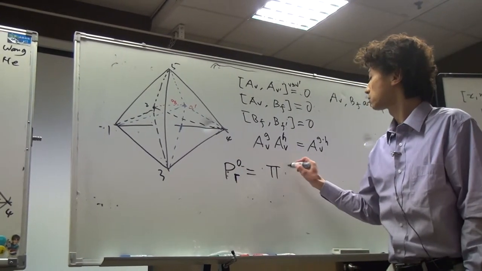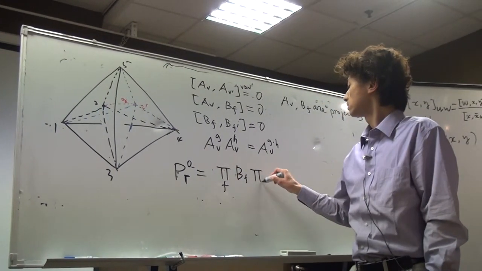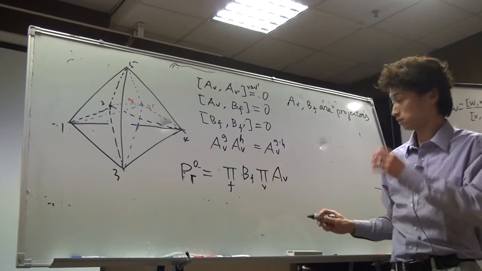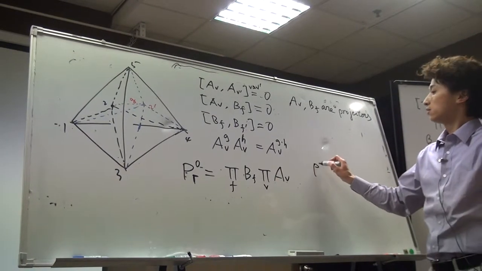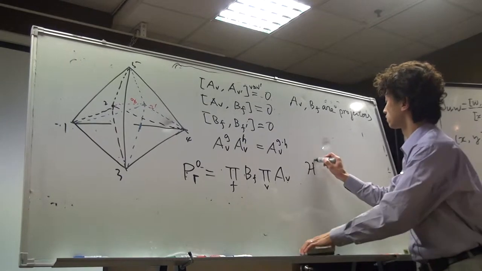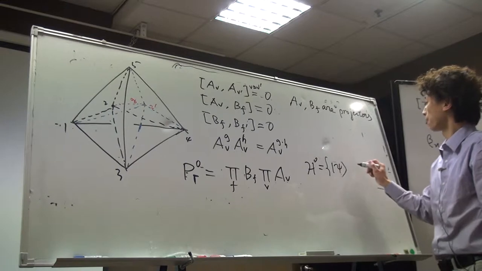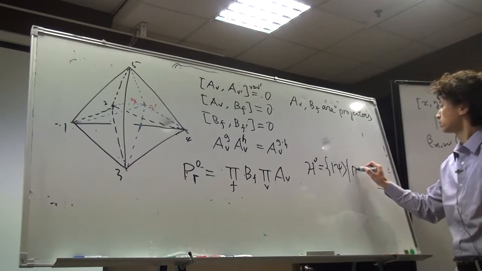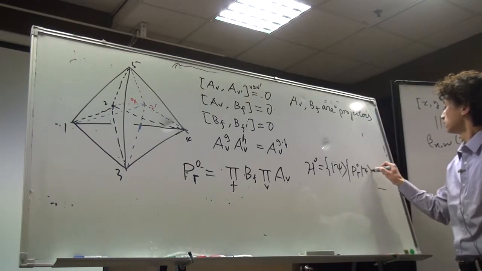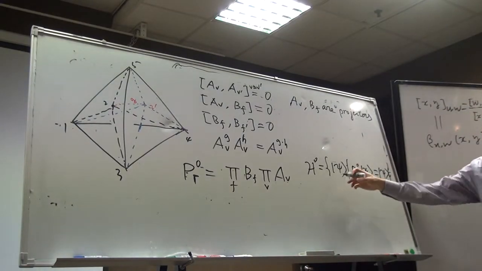This will be just the product of all the BFs and all the AVs. The ground state Hilbert space H naught will be simply the states psi that satisfy the relation, projector psi equals psi. Okay, these will be the ground states.